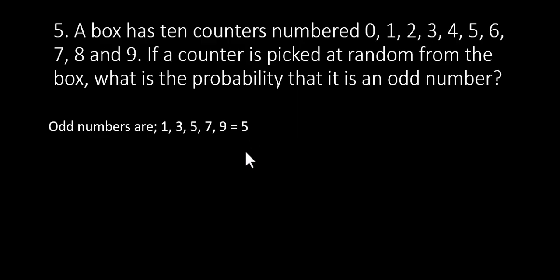The probability of an odd number is just 5, because we have 5 odd numbers over all the outcomes, which are all these elements. When we add them, they are 10. So we divide 5 into 5 is 1, then 5 into 10 is 2. So we're going to have 1 over 2 as our answer.